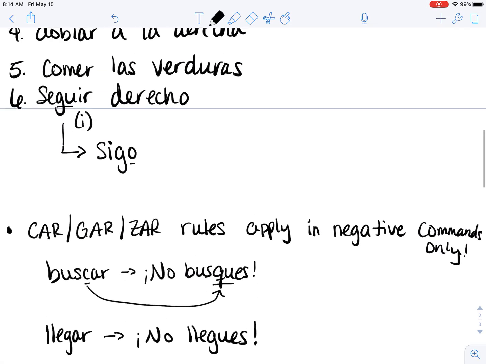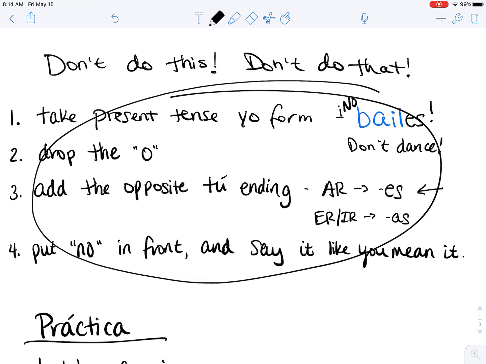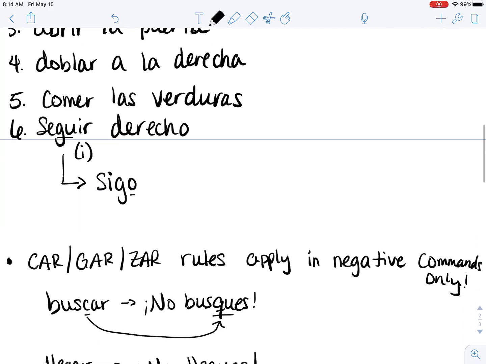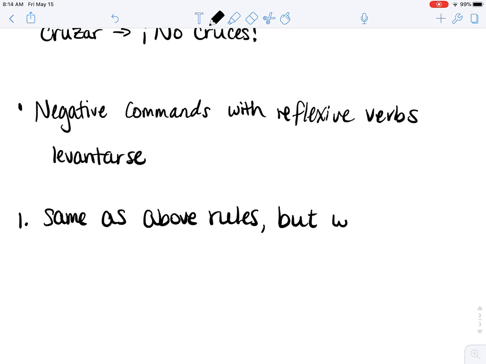We have the same rules as before up here, but now we add the te before the command form.